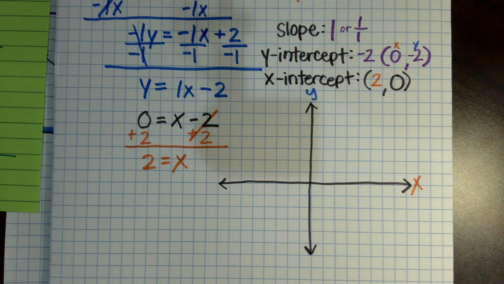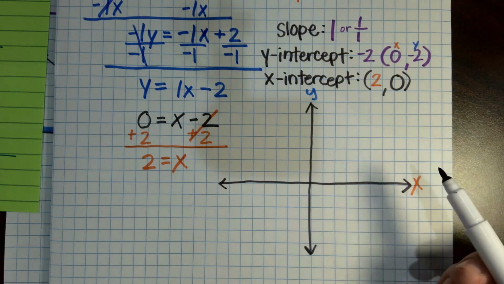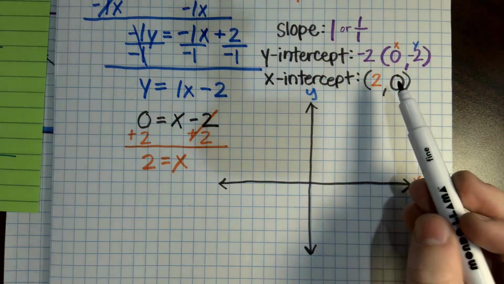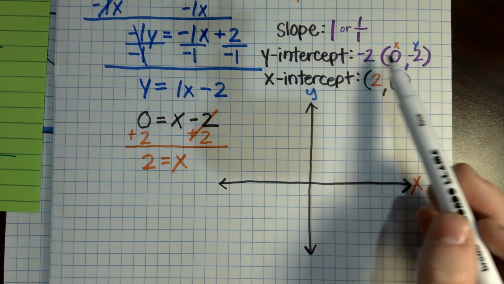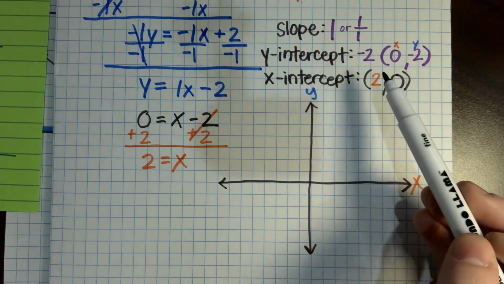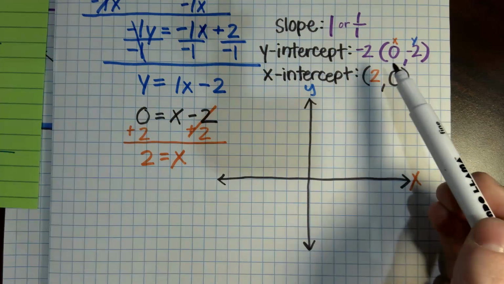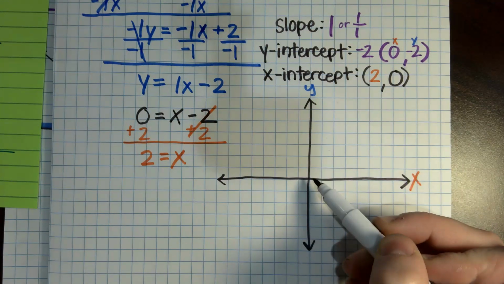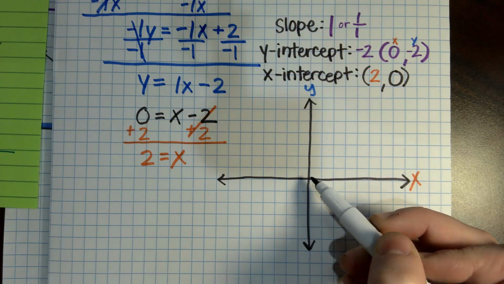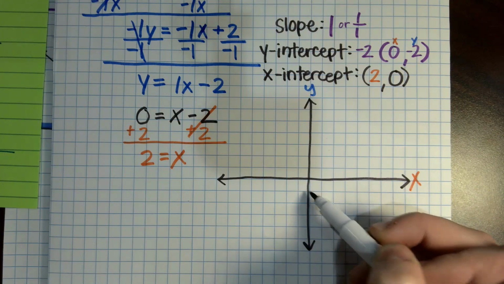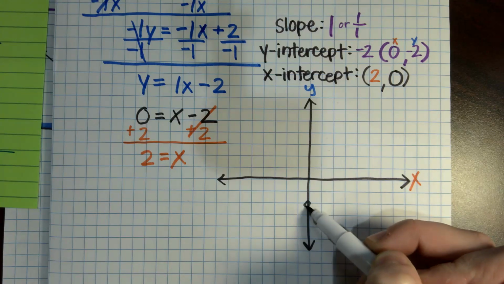Your y-intercept. Yes, we have our y-intercept. That's going to be our starting point. So we're going to plot the coordinate 0, -2. So in my x direction, I go over 0. In my y, yes, thank you, I go down 2. So 1, 2, right here.